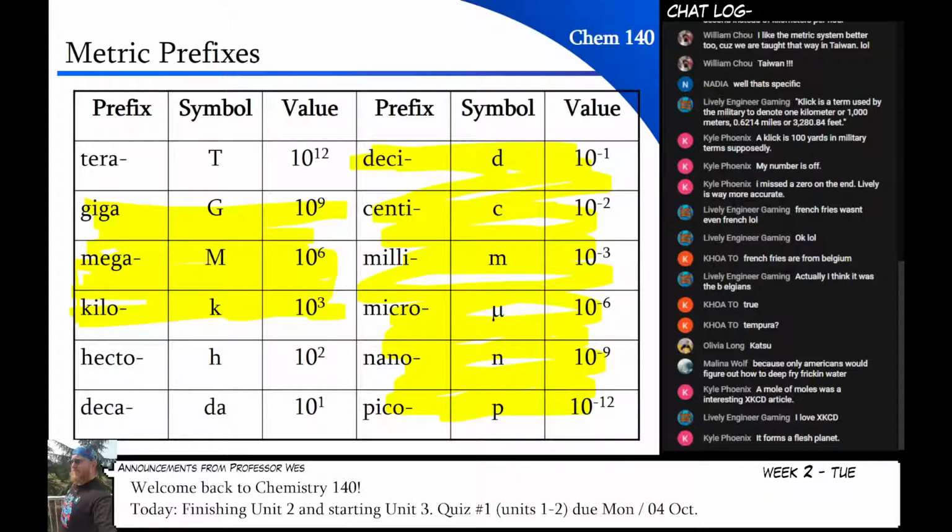Hecto and deca are not super useful because they don't really come up that often. We tend to use the engineers units, which are in powers of 10 to the 3. However, deci and centi are common enough that we include them. Hecto and deca are not common enough.